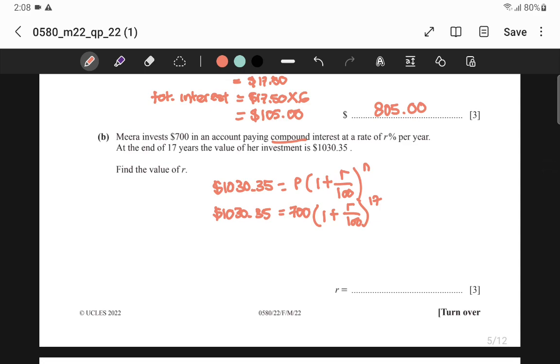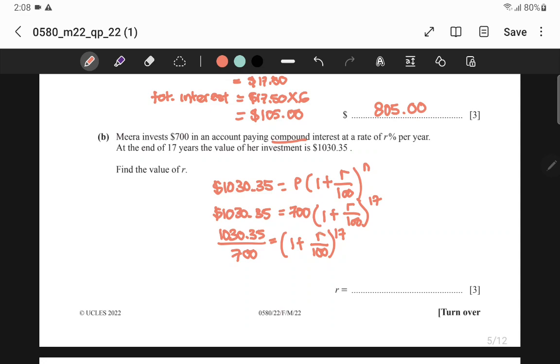So how to do that? First, I will move the 700 to the left, which means I will divide both sides by 700, because 700 divided by 700 becomes 1, right? Like this, done.